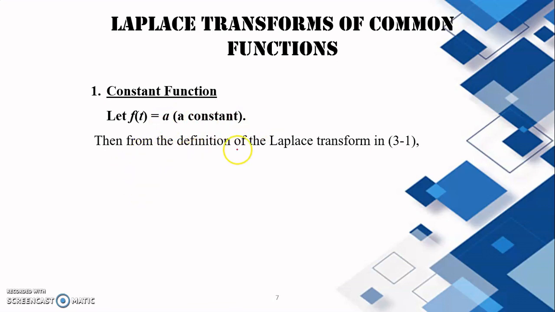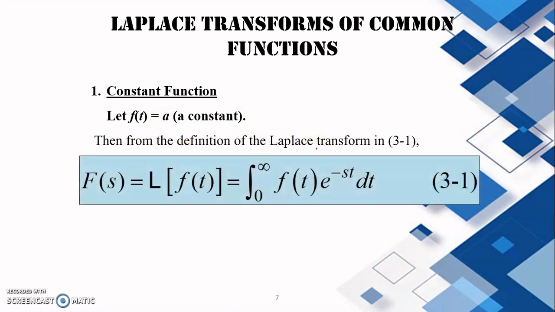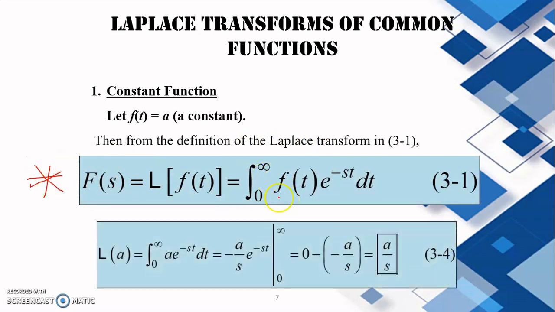Then, from the definition of the Laplace transform in equation 3.1, this is the expression for the Laplace transform. So if we have this kind of function, f(t) equal to a, then we can write F(s) equal to a over s.